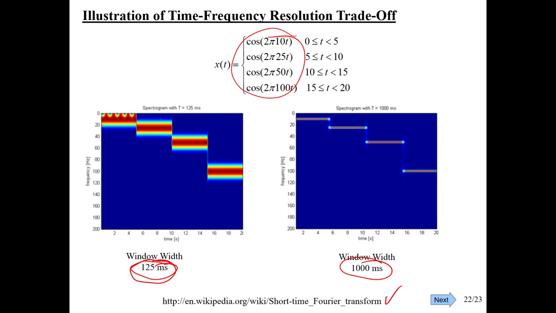So from 0 to 5, we see a single sinusoid. So we should just see a spike at 10 hertz, right? 2 pi 10, that's 10 hertz. So there it is, but it's spread out. And then we should see one at 25. There it is, spread out, centered at around 25, but it's spread. So that's the uncertainty.